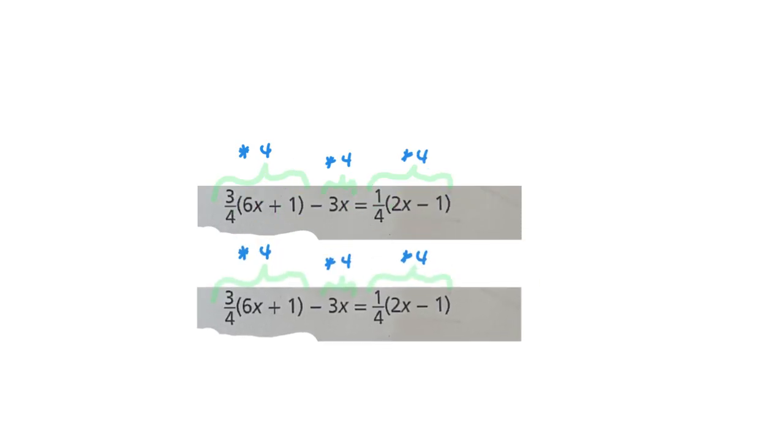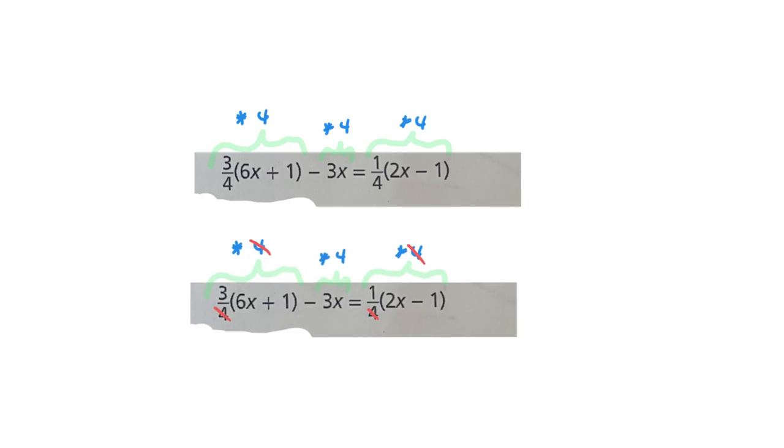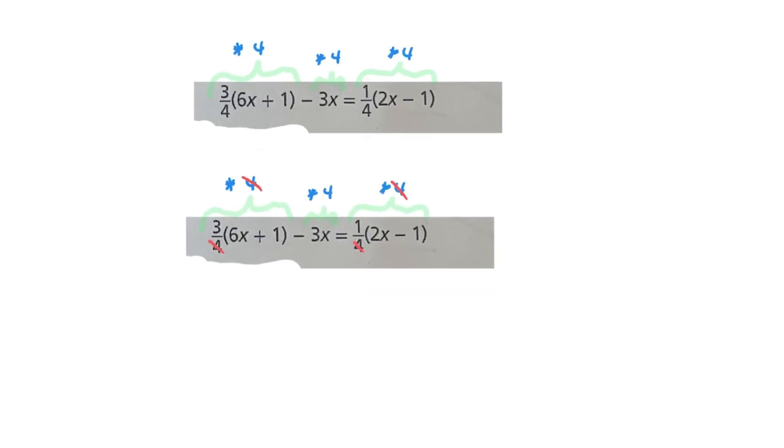So this gets multiplied by 4, this gets multiplied by 4, and this gets multiplied by 4. In doing so, the 4 here cancels with the 4 there, and the 4 here cancels with the 4 there. There's nothing underneath this 3x with which to cancel that 4, so we are stuck with that.